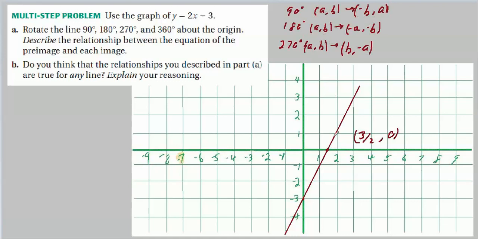So the point 3/2, 0 goes to, well, negative 0, which is still just 0, and 3/2. So 0, 3/2. And this point, which is 0, 3/2.